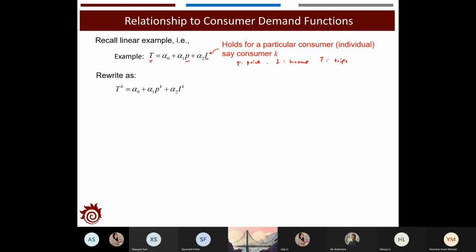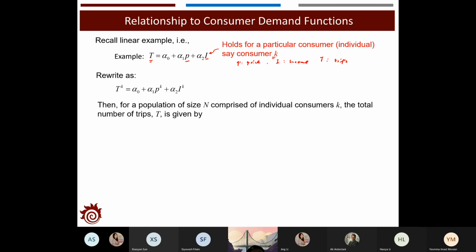city. But if we go to check each individual consumer, say consumer K, we will still have the linear relationship, but the values of P and I will be different because the price might be different for each individual. The income of each individual might be different, and they may have a different number of trips.